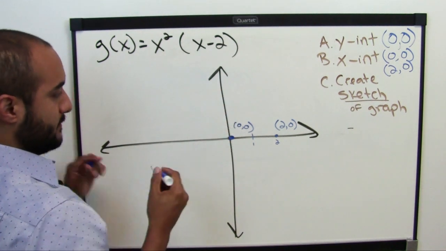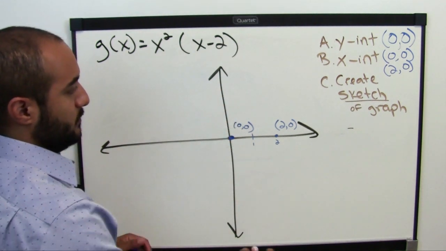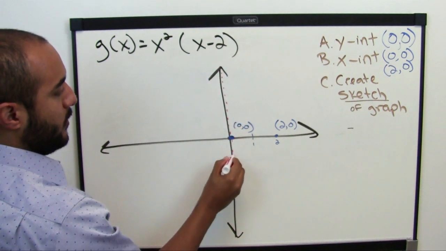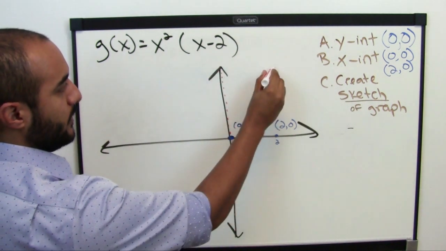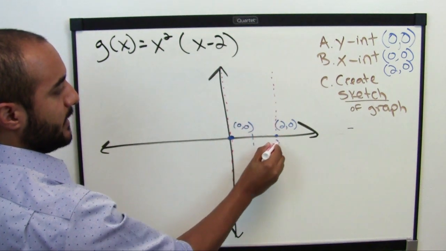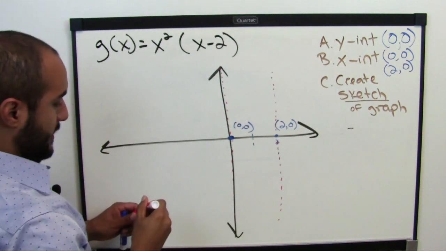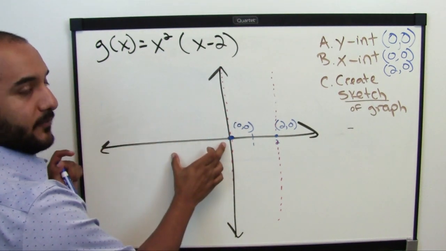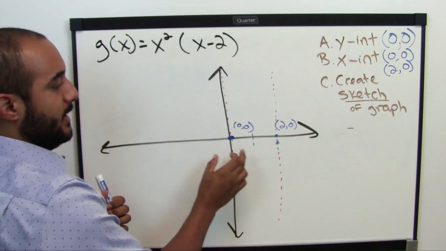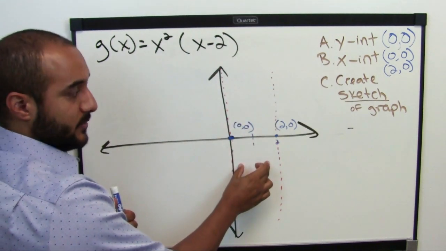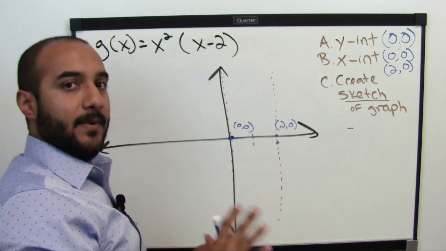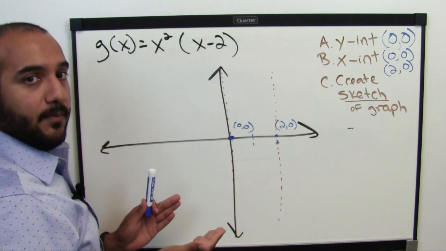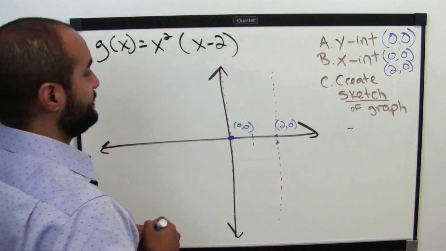So what this is doing is splitting my whole coordinate plane into 3 different sections. I need to see what's happening with this graph left of my x-intercept, between the 2 x-intercepts, and to the right of my last x-intercept. So let's plot a point and see what's happening here.